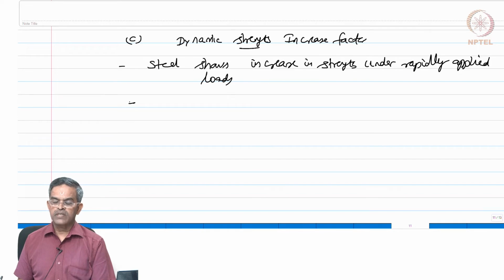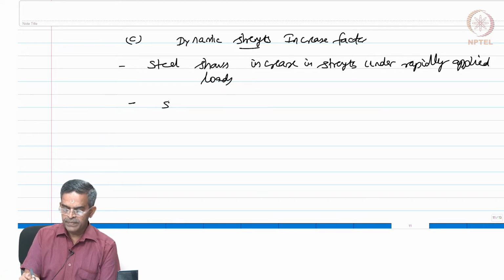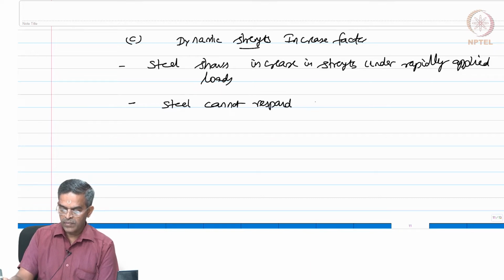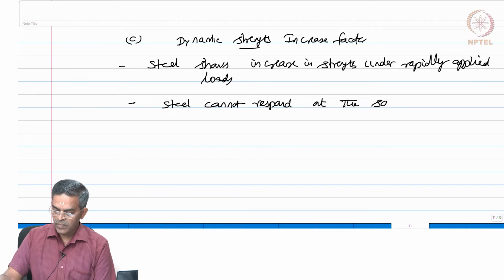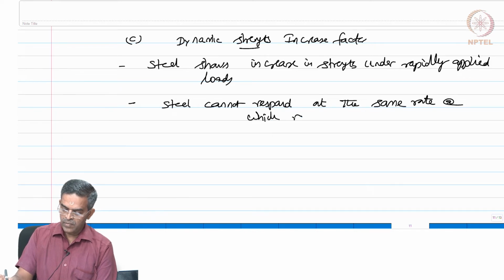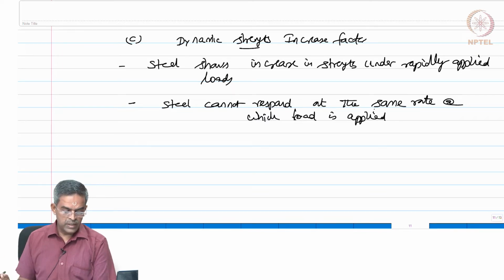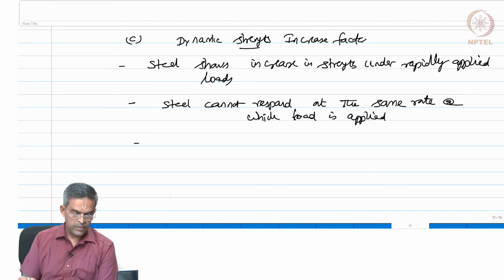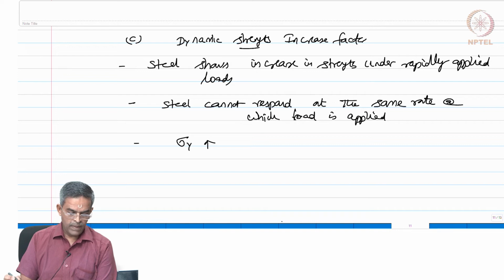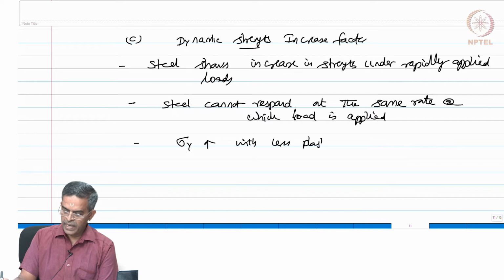Steel cannot respond at the same rate at which the load is applied. There is a delay. Okay. Therefore, yield strength increases with less plastic deformation. That is the result.